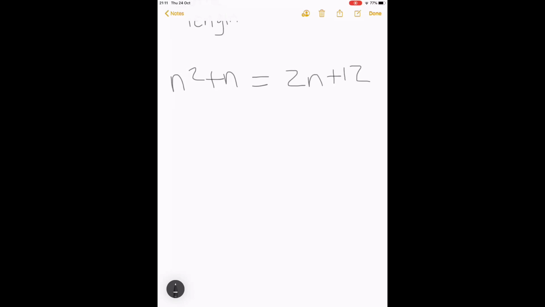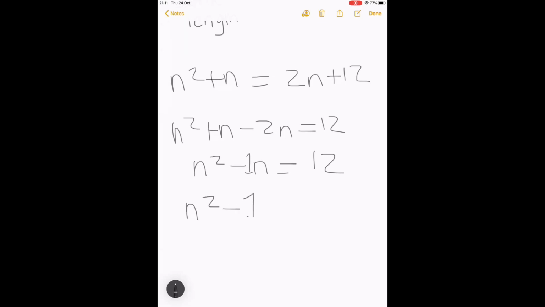Rearranging this, we take 2n to the first side: n squared plus n minus 2n equals 12. Simplifying further, we get n squared minus n, or we could say 1n is its coefficient, equals 12. Then n squared minus 1n minus 12 equals 0.